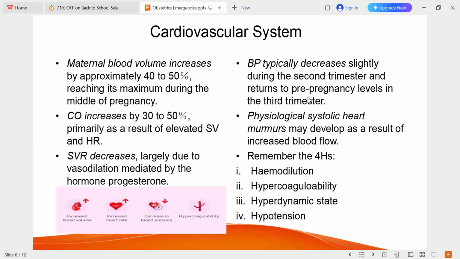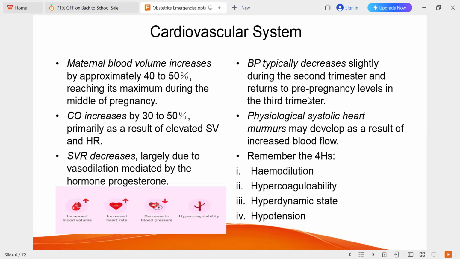Look at the cardiovascular system. The maternal blood volume increases by approximately 40 to 50%, reaching maximum increase during the mid-trimester. The cardiac output also increases by 30 to 50%, primarily as a result of increased stroke volume and heart rate.